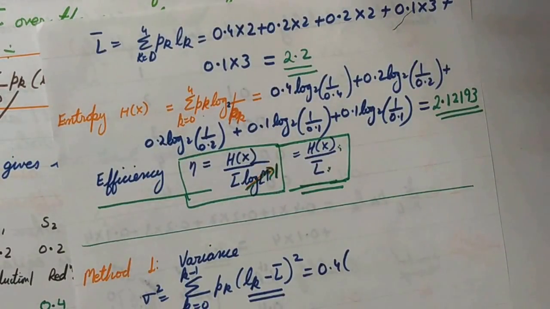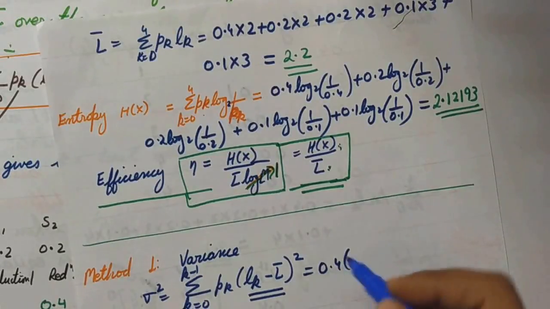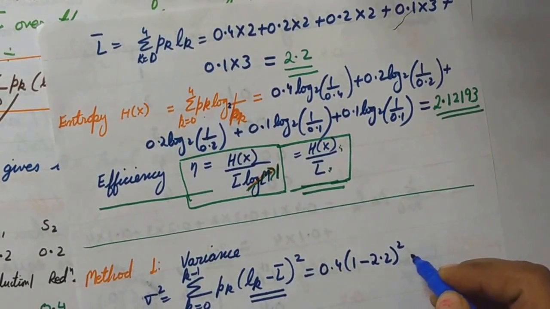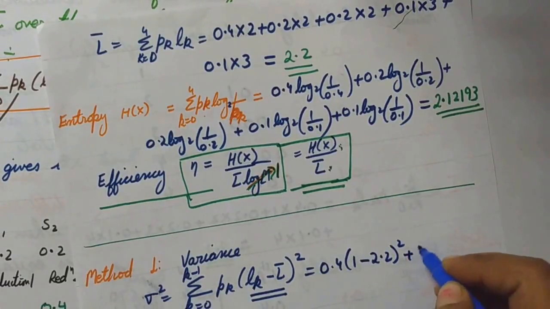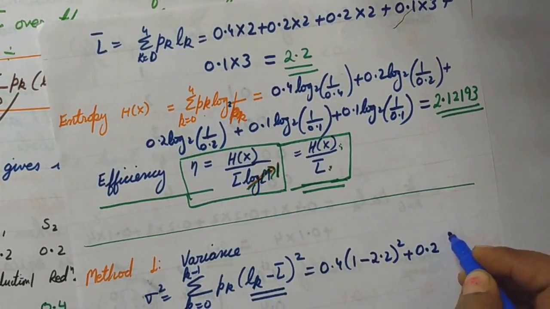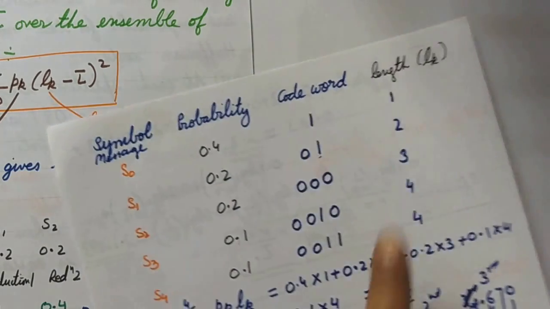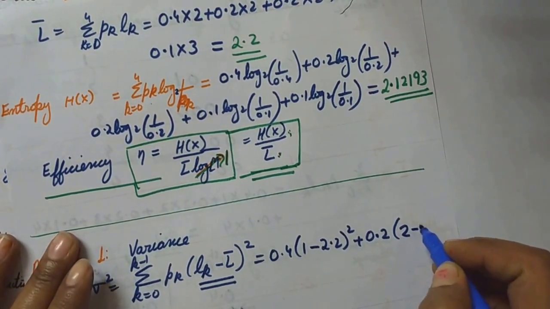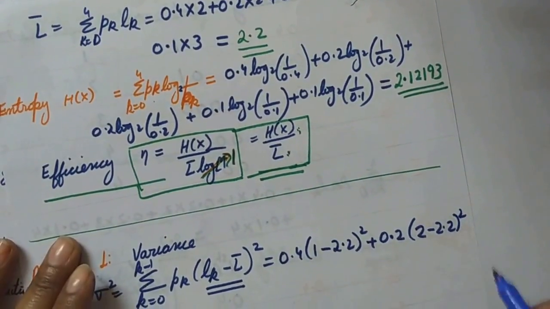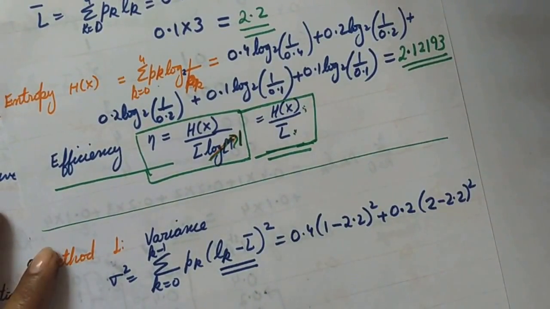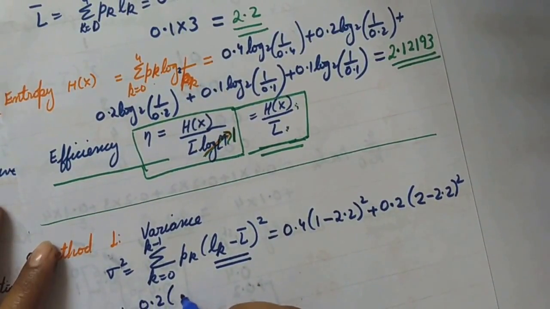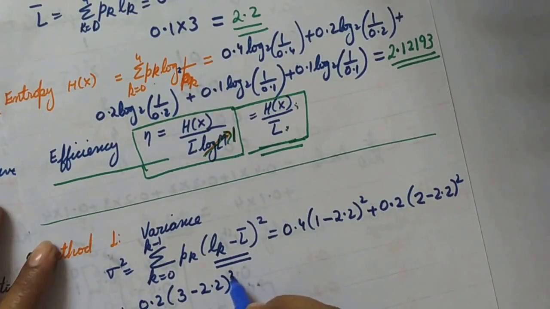So 0.4 into 1 minus 2.2 whole square. The next probability was 0.2 and the length of the code was 2, so 2 minus 2.2 whole square. Then another probability, again 0.2, and the code length was 3, minus 2.2 whole square.